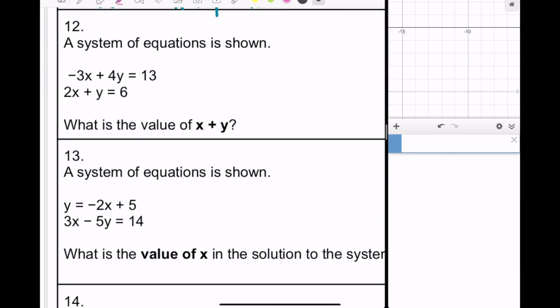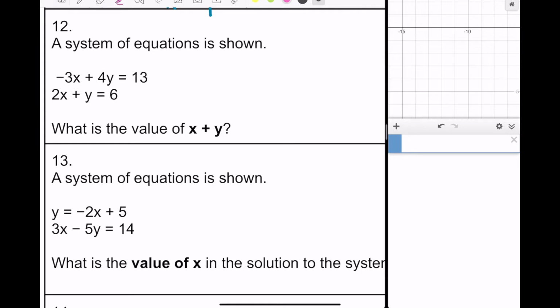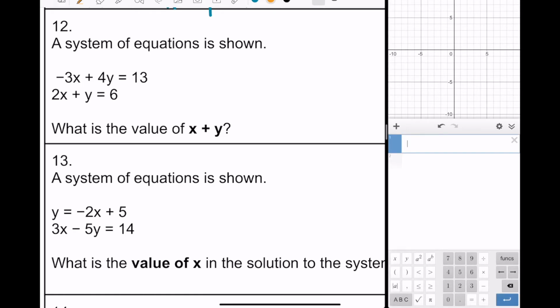Number 12. A system of equations is shown. What is the value of X plus Y? So what we need to do here is find X, find Y, and add them together. We're going to graph these to find the solution.